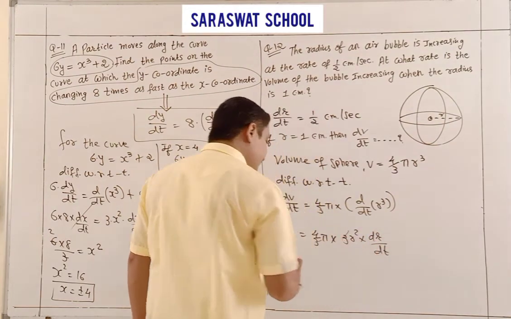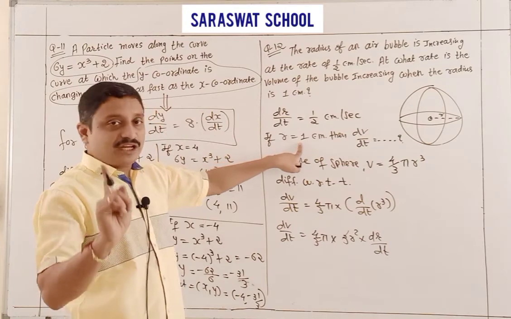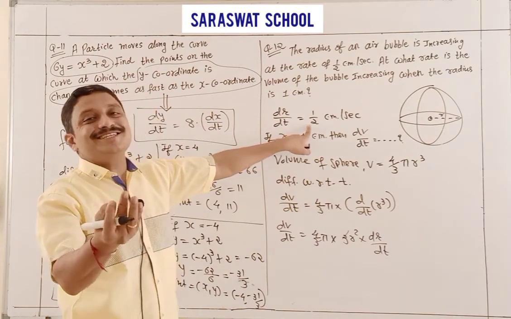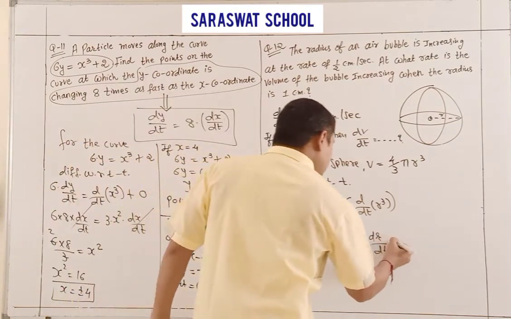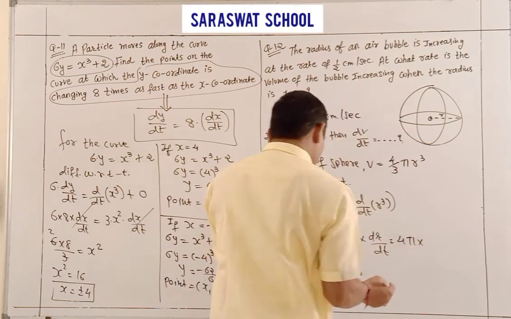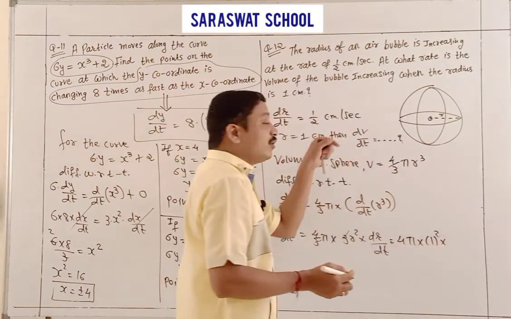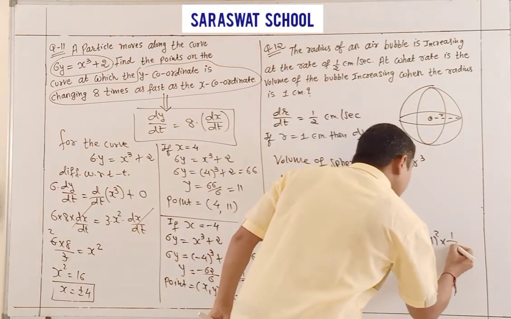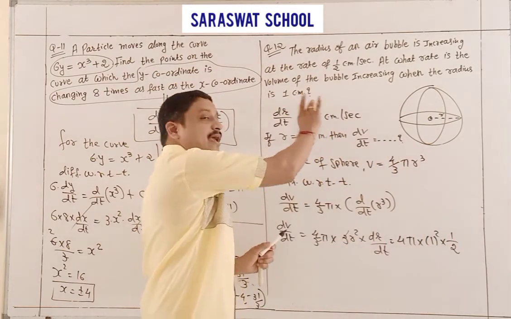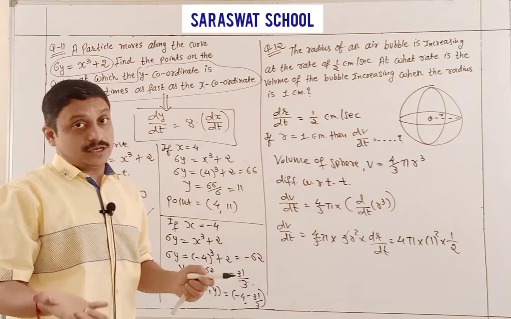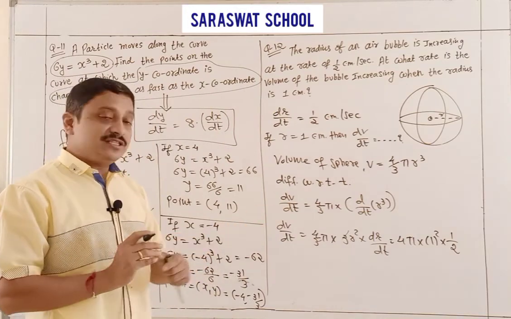Students, 3 is gone. r is known initially as 1 cm, and the radius changing is given as half. So my answer is 4 pi times r square, which is 1 square, and dr by dt is half. And you also check, students, that your unit is the same, centimeter. Yes, definitely the same.